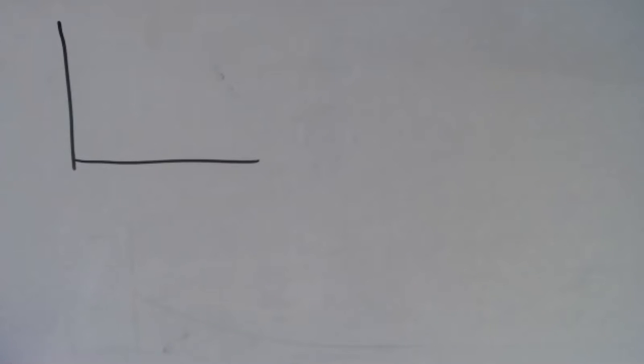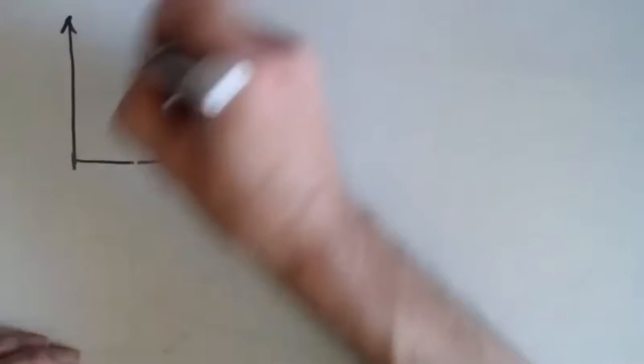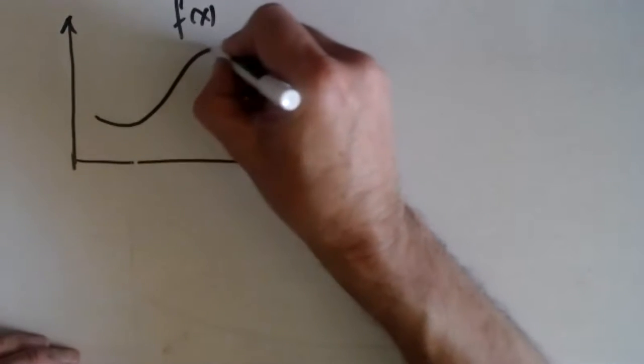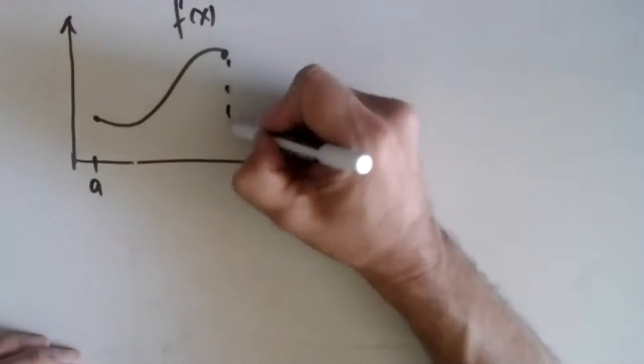The mean value theorem, right? You see the screen, the board? Okay. So you have a function f(x) from A to B, for instance.